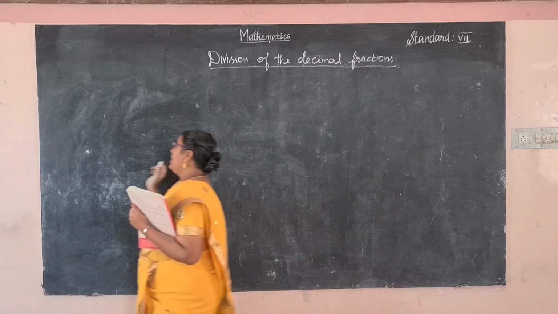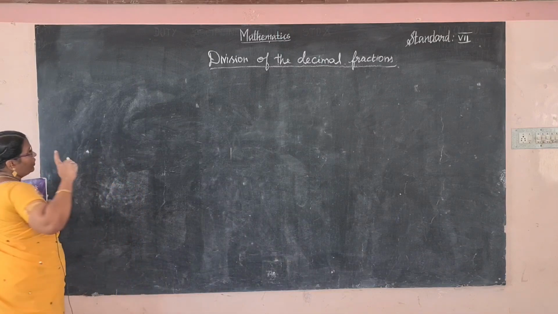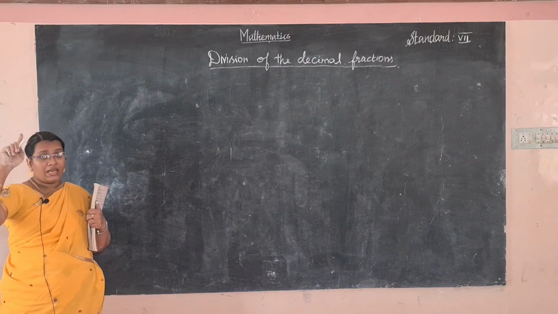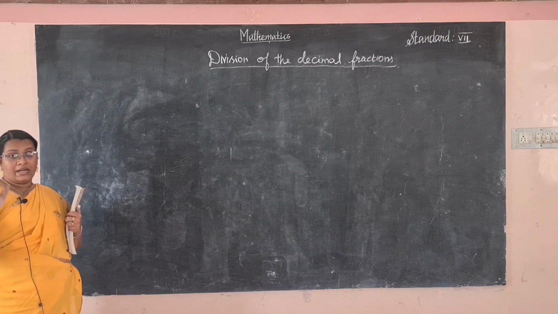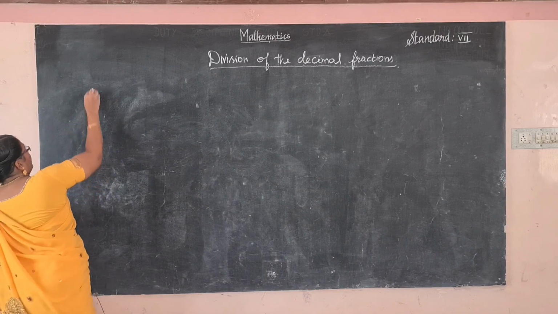Okay, so it has the same types that we learned in the multiplication. First type, multiply the decimal by 10, 100, 1000. Here the division.